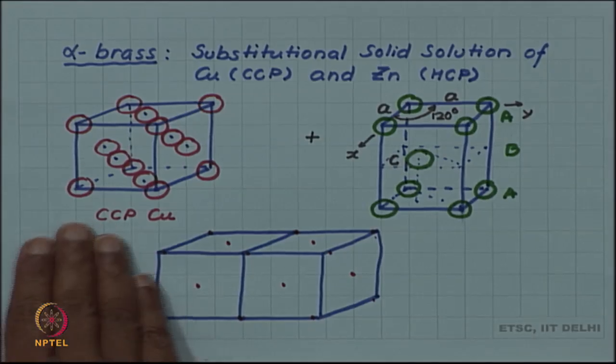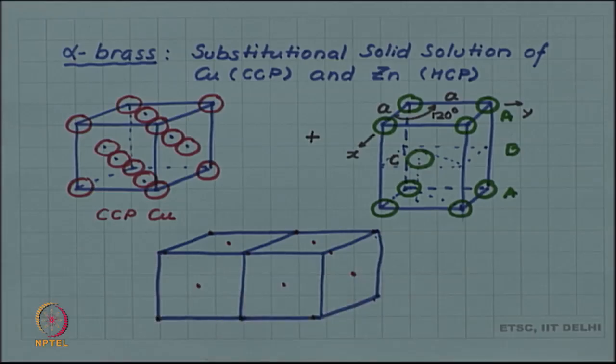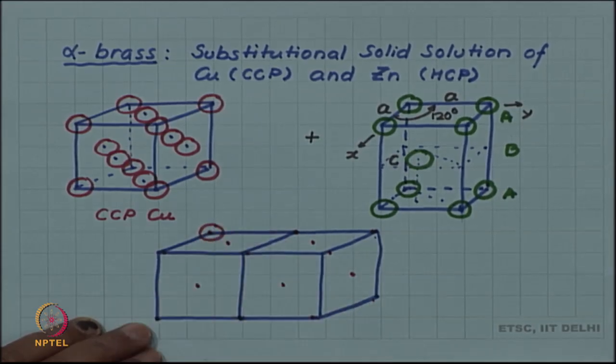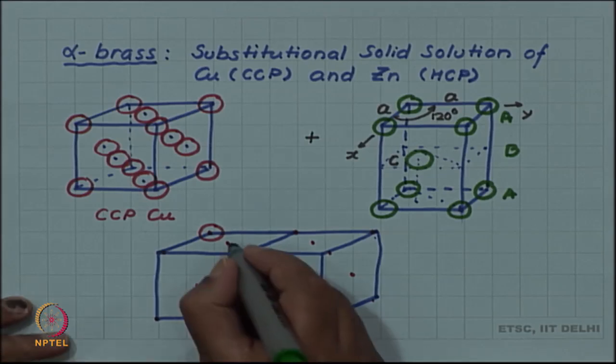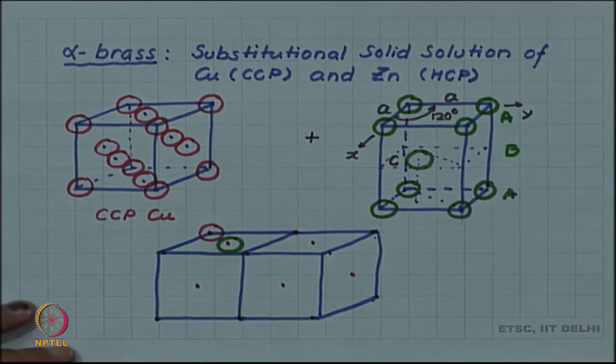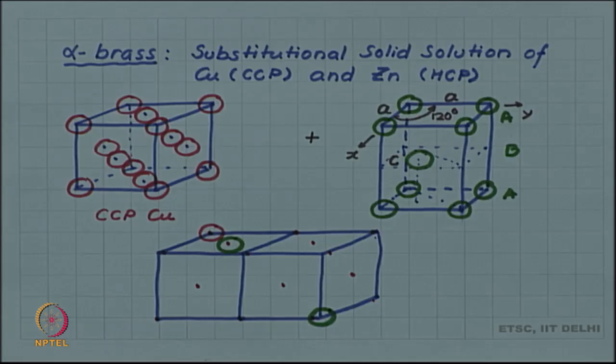And if it was pure copper, all these sites were occupied by copper, but now we are saying that on some of these sites copper is replaced by zinc. So, let this face center go to zinc and let this corner go to zinc.